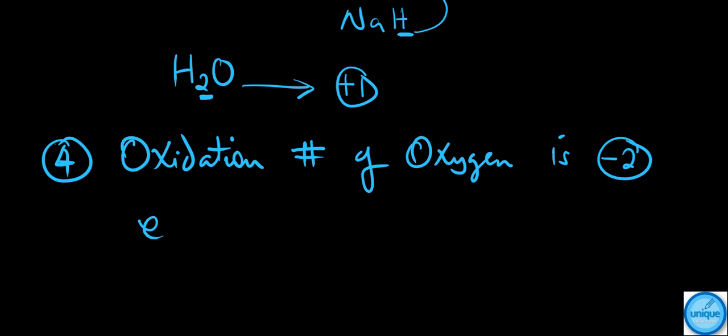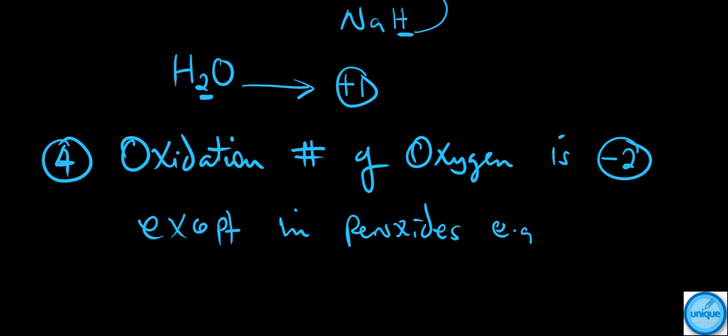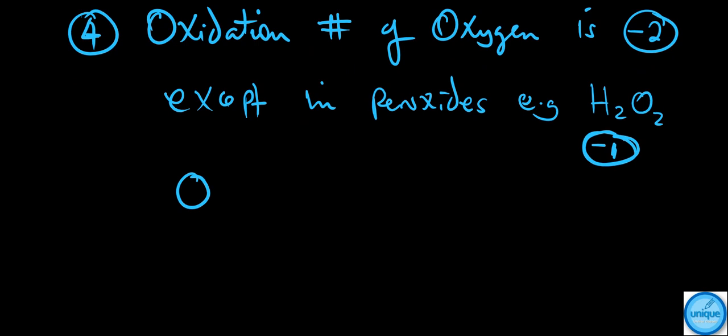For example, hydrogen peroxide, the oxidation number of oxygen is -1. The oxidation number of oxygen in peroxide is -1. Also in this compound, OF2, the oxidation number of oxygen is +2. Yeah, the rules say that.